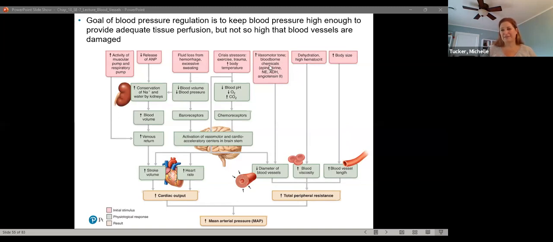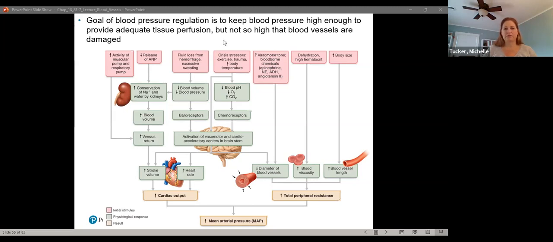Vasomotor tone, I've probably said that 100 times, as well as, on Wednesday, we'll look at the chemical factors. Today, we only looked at the neural factors of vasomotor tone on blood vessel diameter.